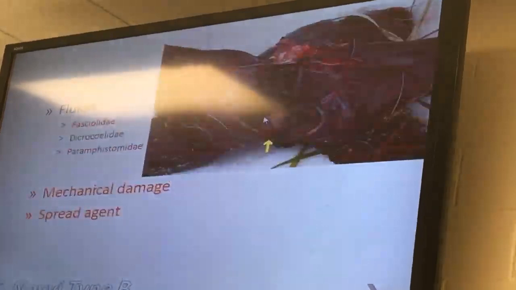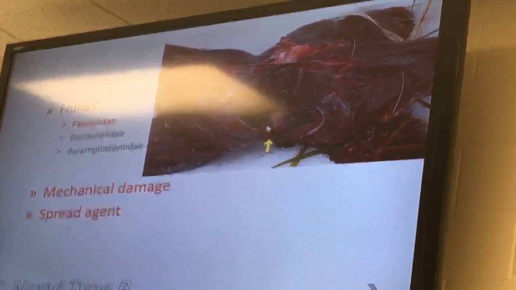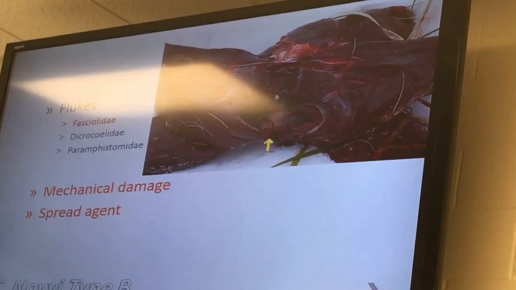These are the flukes, like little tags of tissue. They look the same color as the liver. Fasciolidae are the ones that we deal with most often, but any of the flukes can cause it. They're found within the common bile duct. They actually cause the mechanical damage and the spread of the spores.